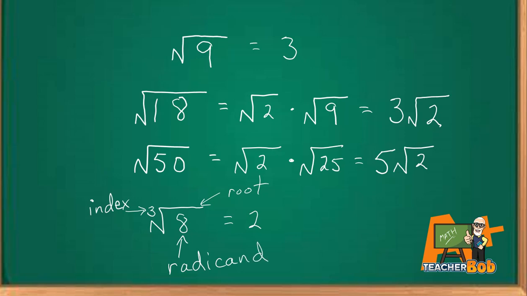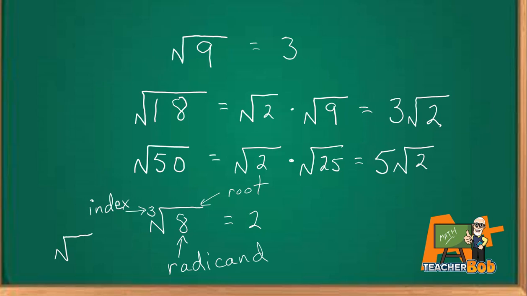And of course the 2 is going to be our answer. It's going to be, in this case, the third root. And as I mentioned, if you just see the root symbol with no index attached to it or written here, we assume that it's a square root. Okay, so that's the different parts of it, and we've talked about simplifying it.